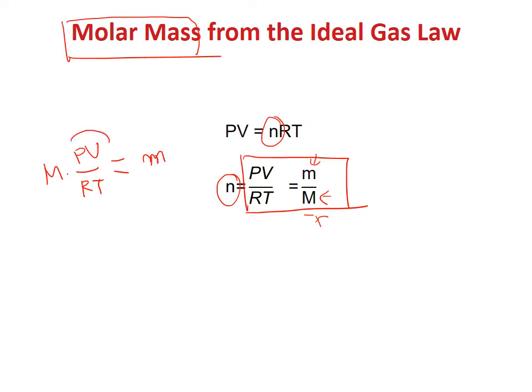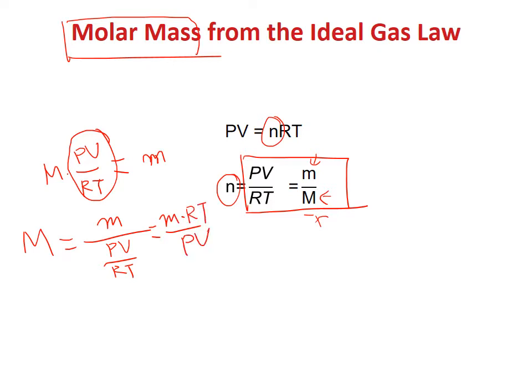Now, we divide both sides by this term, so the left side becomes M. The right side is the mass divided by PV over RT, which equals m times RT over PV. So that's the equation we can use to calculate the molar mass if we can measure temperature, pressure, volume, and the mass of the gas phase.